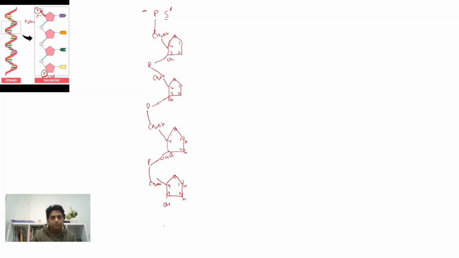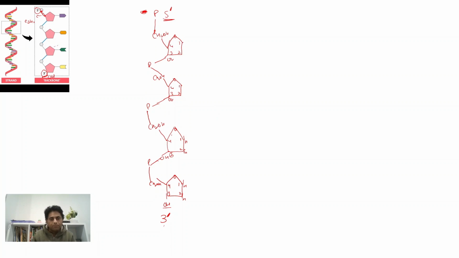So this side is the 5 prime, and this side is the 3 prime, because the hydroxyl group attaches to the third carbon, which is the start of the chain. So 3 prime, 5 prime. Okay, I think you understand the 3' and the 5' thing, as mentioned in the image here.